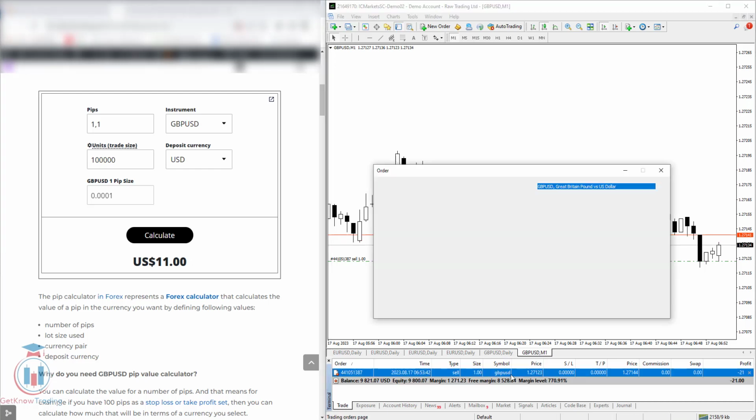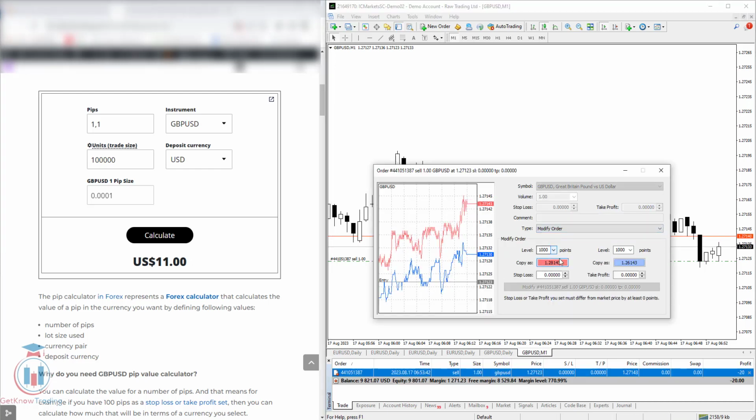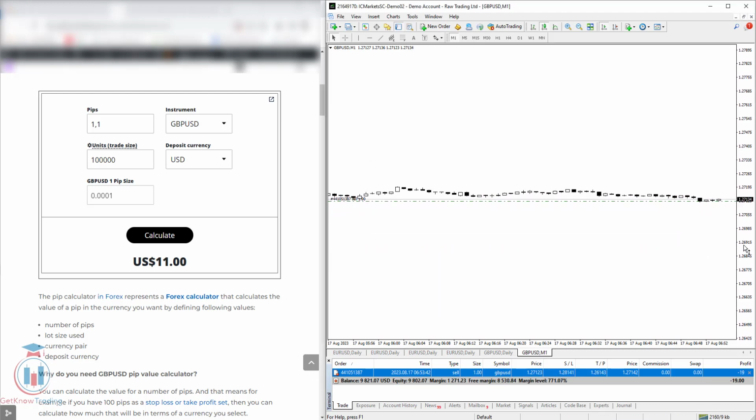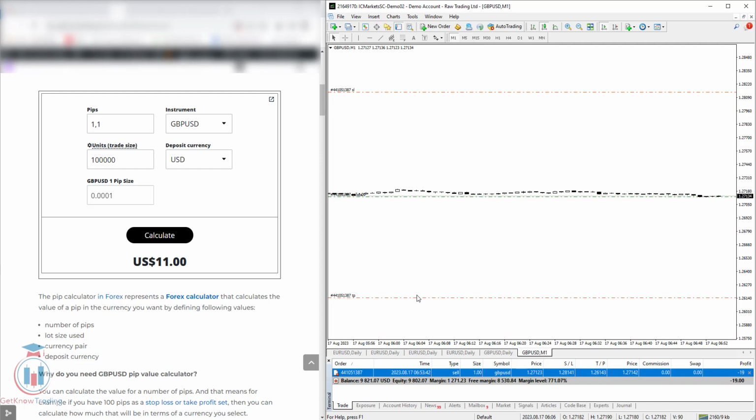So let's change this order and put, for example, 100 pips, which means 1000 points. Click change, and inside the trading platform you have here a take profit and a stop loss. When you go here to the take profit, which is equal to 980 US dollar as a profit, that means 98 pips.